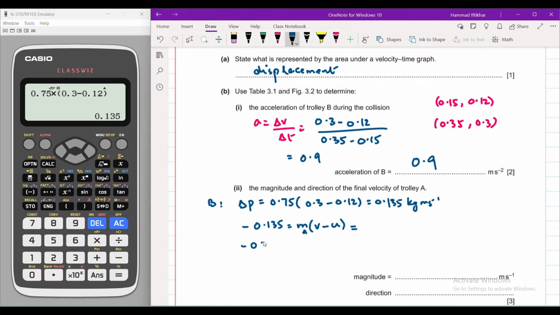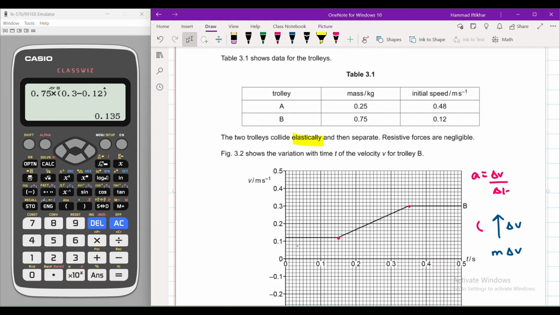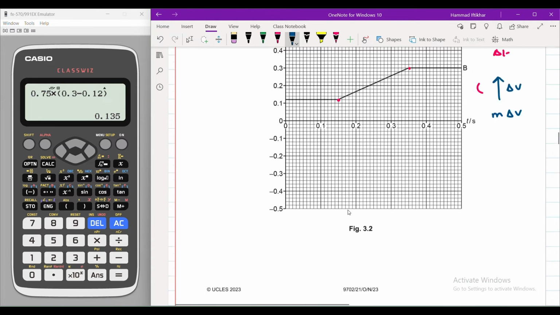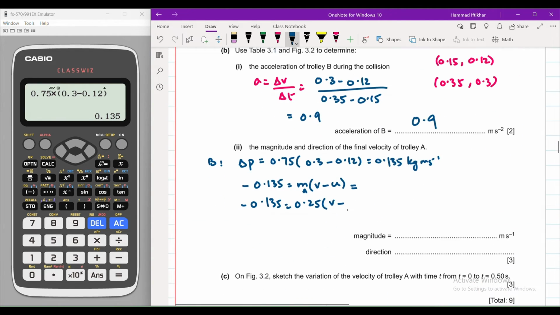we will just solve this out. 0.135, mass of A was 0.25. Final velocity is missing. The initial velocity, that was 0.48.